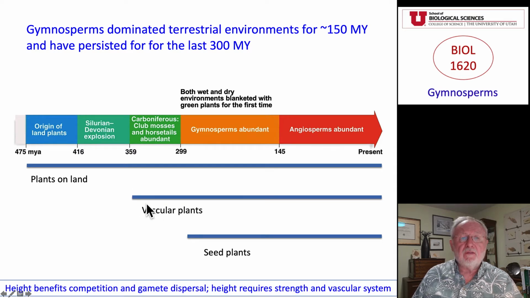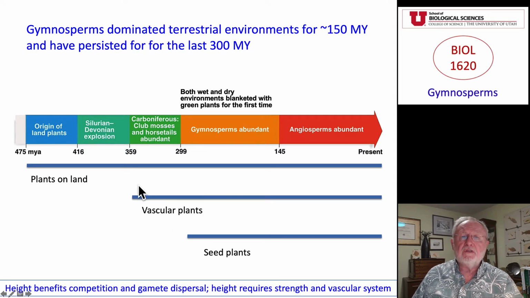They were predominantly lycophytes and ferns. And since that time, the dominant plant forms have all been vascular plants, with the non-vascular plants that were here when plants first invaded land occupying very limited moist environments.